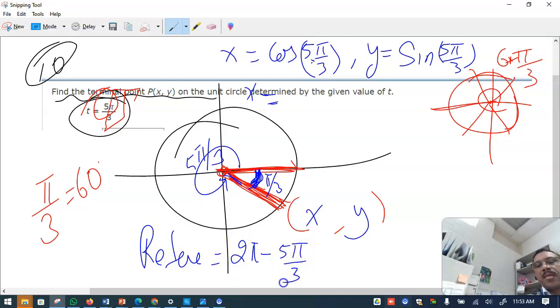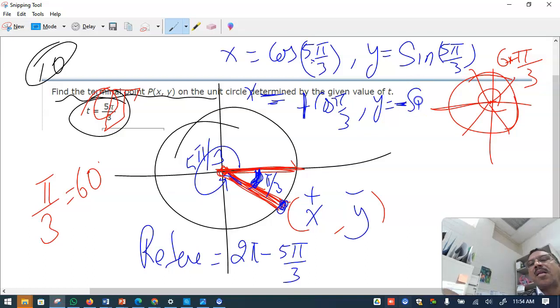Of course, you can use your common sense and get the answer. So cosine of 5 pi by 3 is the same as, because this is in the fourth quadrant, plus cosine of pi by 3, the reference angle. And this one has to be minus, because in the fourth quadrant, minus sine of pi by 3.